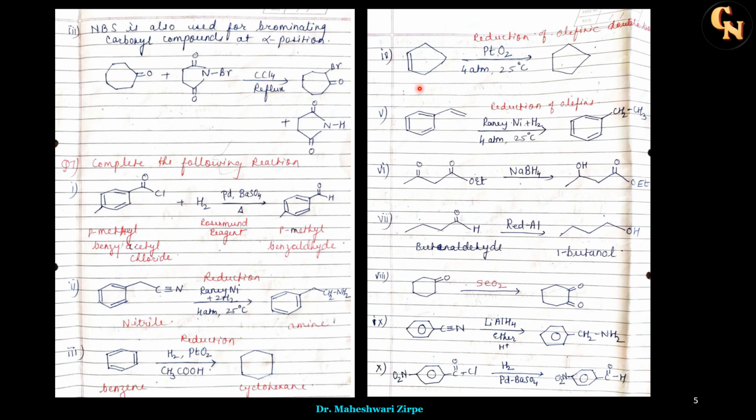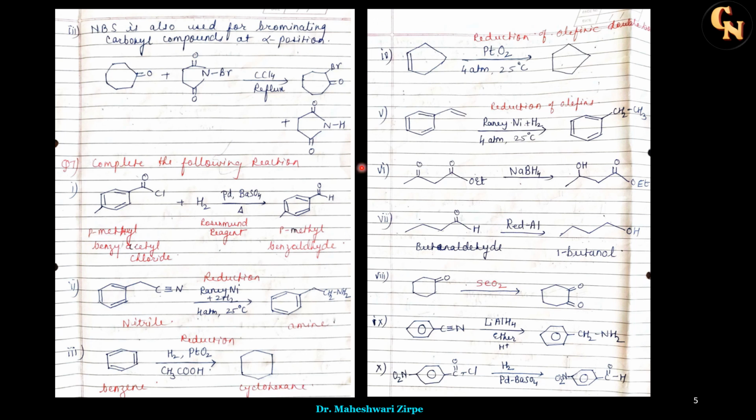Now the next one is cyclopentene. You can see 1, 2, 3, 4, 5, a 5-membered ring having a double bond, cyclopentene, which we have to react with platinum dioxide at 4 atmospheric pressure and 25 degrees Celsius. So we have to solve this. Even though I have shown the answers, in the question paper there will be a question mark and you have to write the answers.